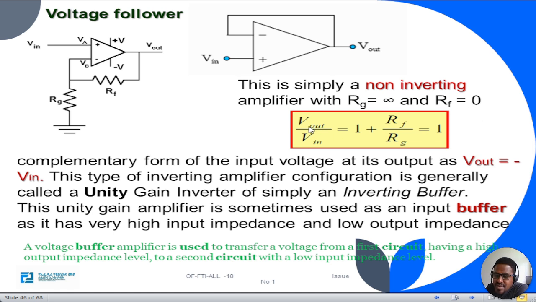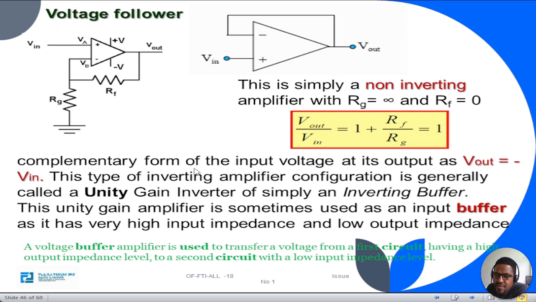During this, the gain of the non-inverting amplifier is 1 plus Rf over R, so 0 over infinity plus 1, that is 1. So our gain becomes unity. That means V out is the same as V in. This type of op-amp we call a voltage follower.